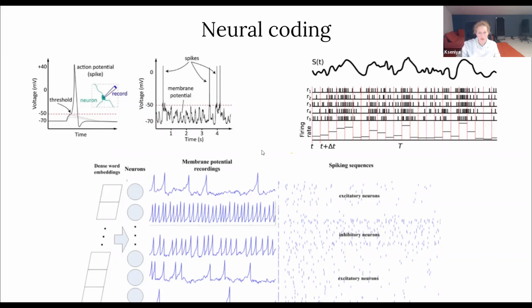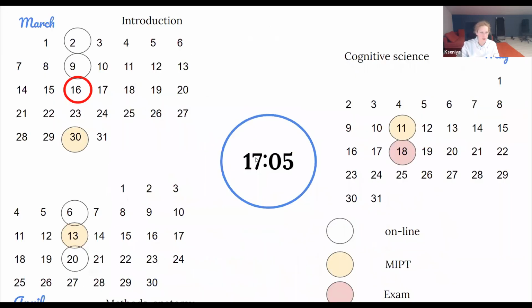So things are more complicated, but we will talk about the neural system in the next lectures. So that's all for today. You can ask questions if you have any, or see you after a week.